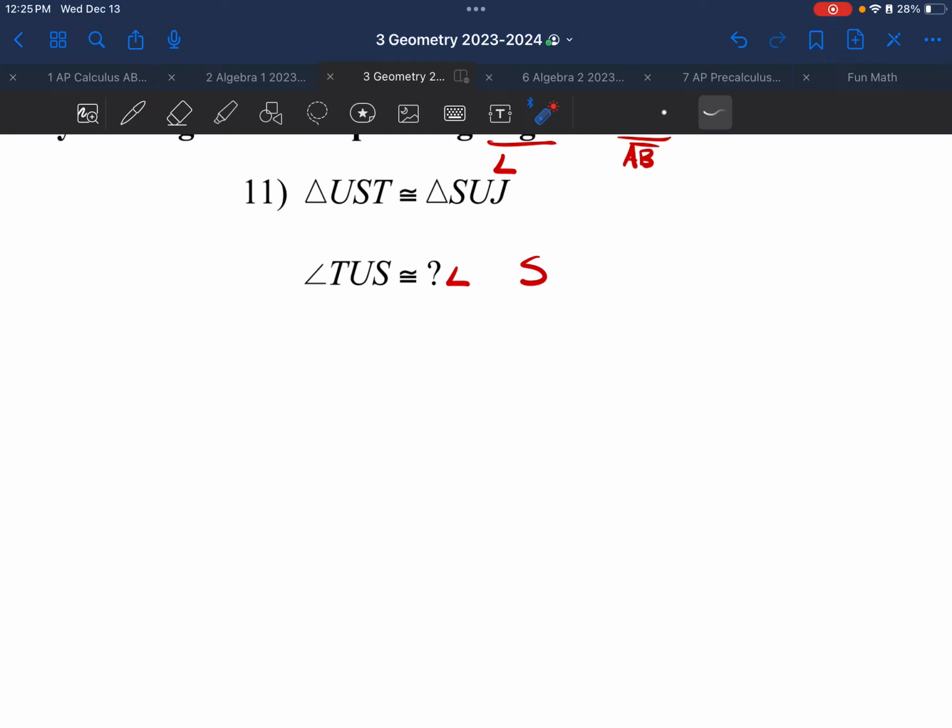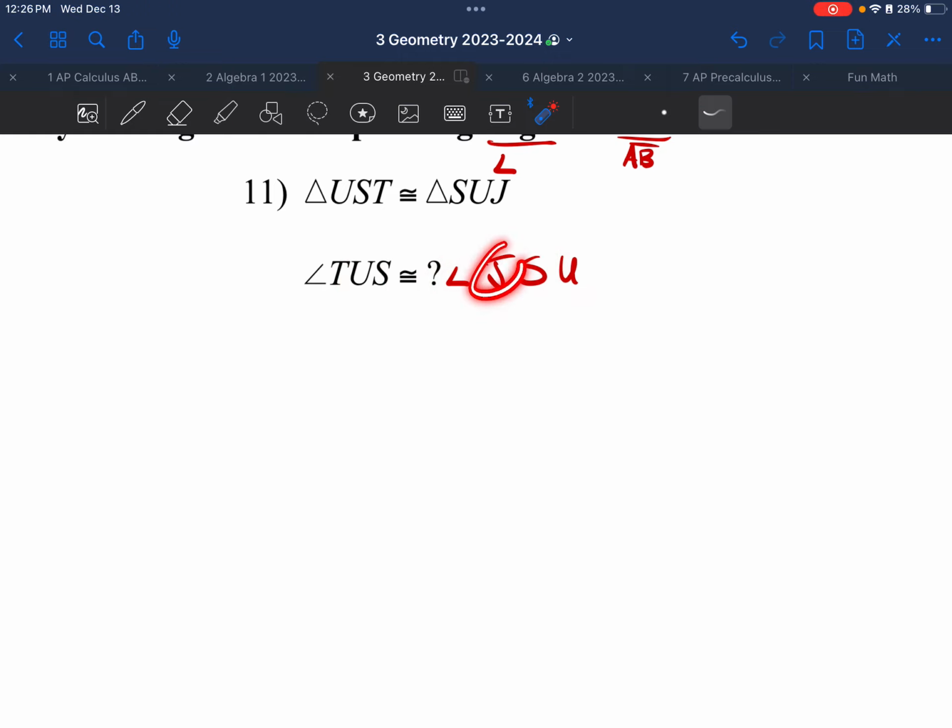Again, angles can either have 1 letter or in this case 3 letters. I need 3 letters. U is in the center, therefore S is in the center, because the first and first. And then it goes T and then S, so J and then U. This says that angle TUS, or angle U, is congruent to angle JSU.